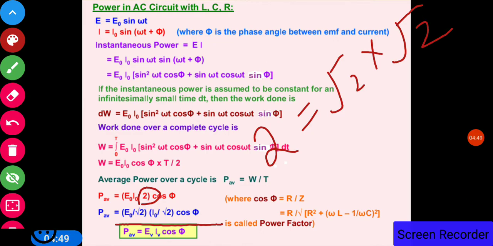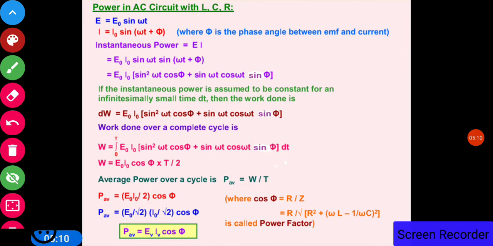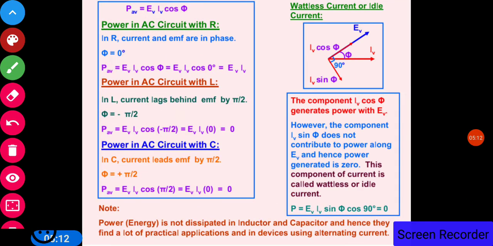So P average is equal to E_v I_v cos phi, or E RMS, I RMS, cos phi. V is for virtual, here it is taken as virtual value. You can write RMS also. So average power in the AC circuit is E RMS, I RMS, cos phi, where cos phi is the power factor.